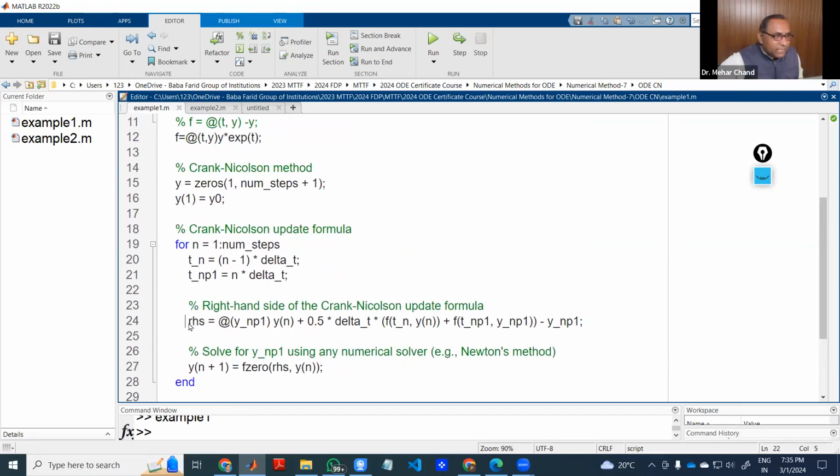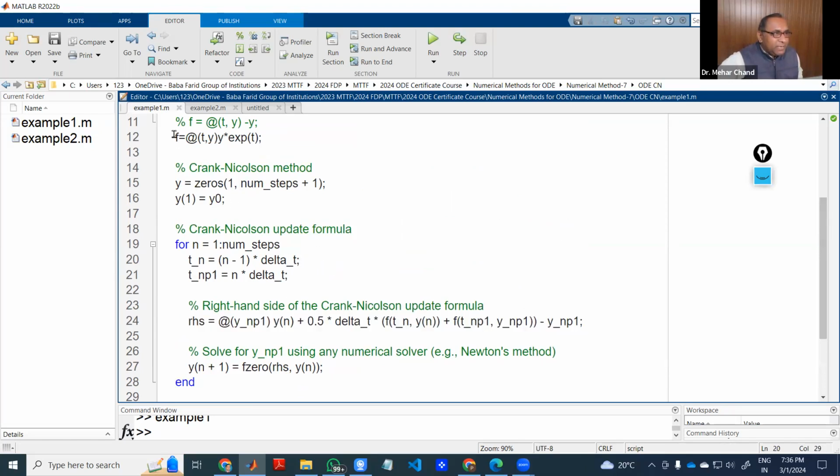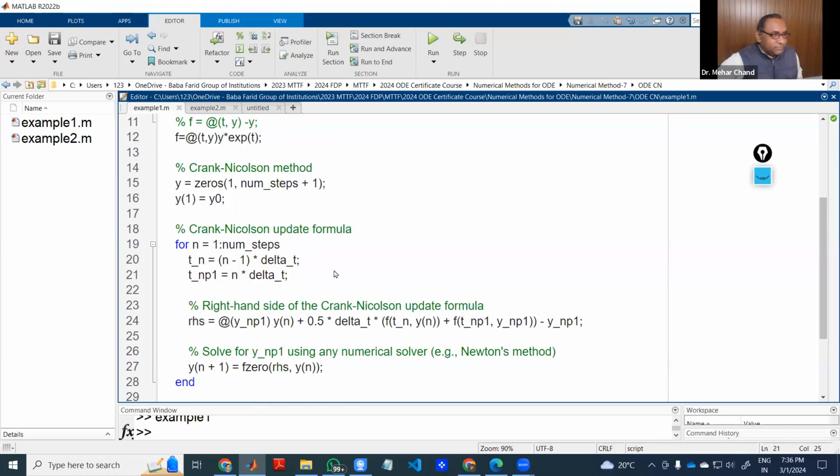This is our main method, the main formula, which we convert into MATLAB syntax, and the other parts we discuss here are the same as in other methods. There is no difference.